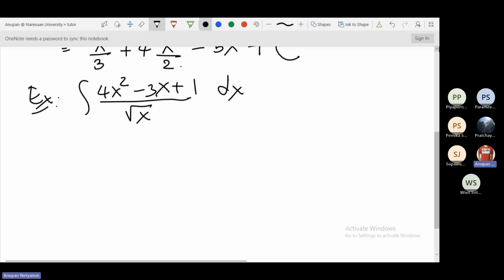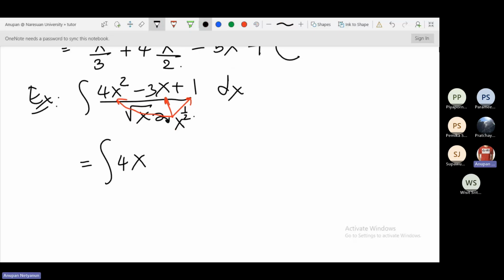What do I mean? You can change the square root of x into x to the power 1/2. You try to change anything in terms of power if you can. If I divide by x to the power 1/2 into each term, what I have is 4 times x squared divided by x to the 1/2.